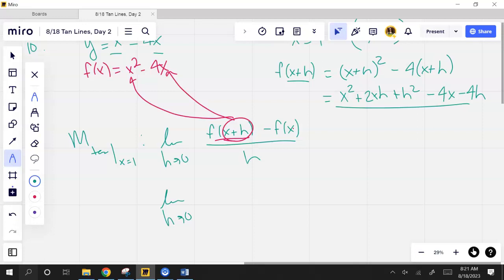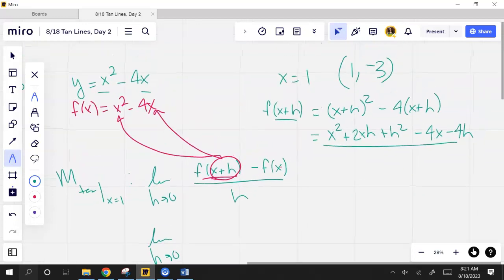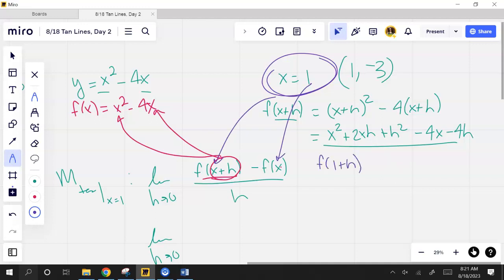Y'all okay there? And actually, what I need to do is this, right? So I need f of 1 plus h instead of f of x plus h, right? Because I'm looking at that specific point. So here, I've already done all this math work, so I'm just going to plug in a 1 for every x.